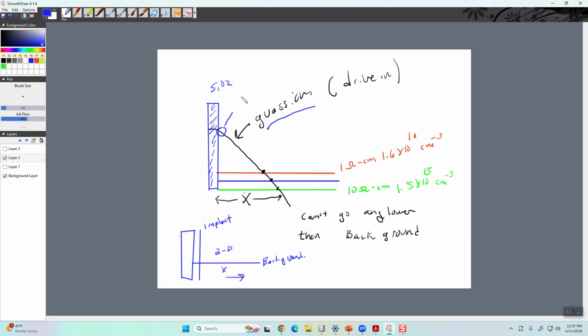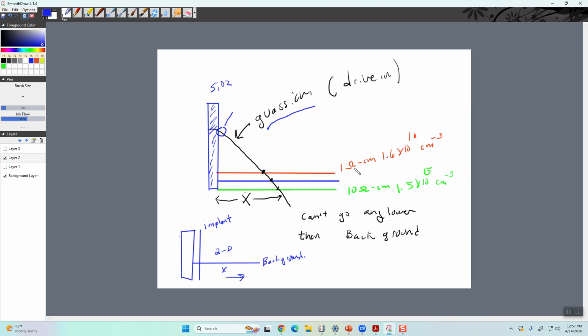So the devices come with dopings that are so low that the transistors will be normally on. We want the transistors to be normally off, where you have to apply a voltage to turn them on. So we do an implant and then drive it in to raise the surface concentration.